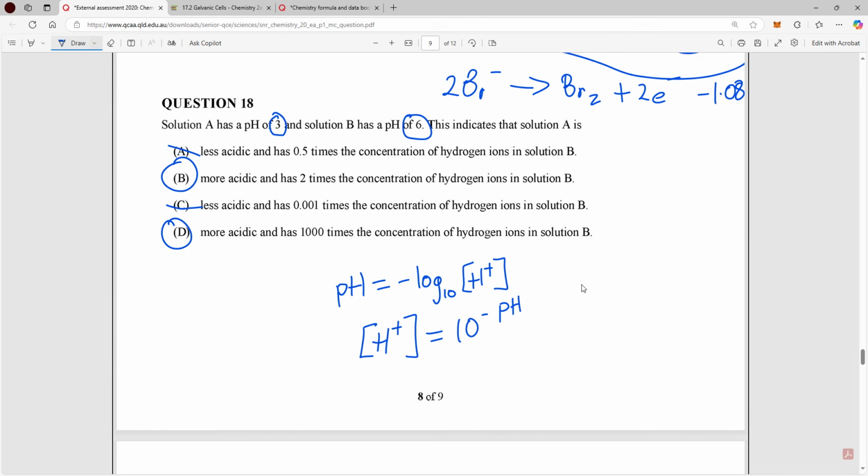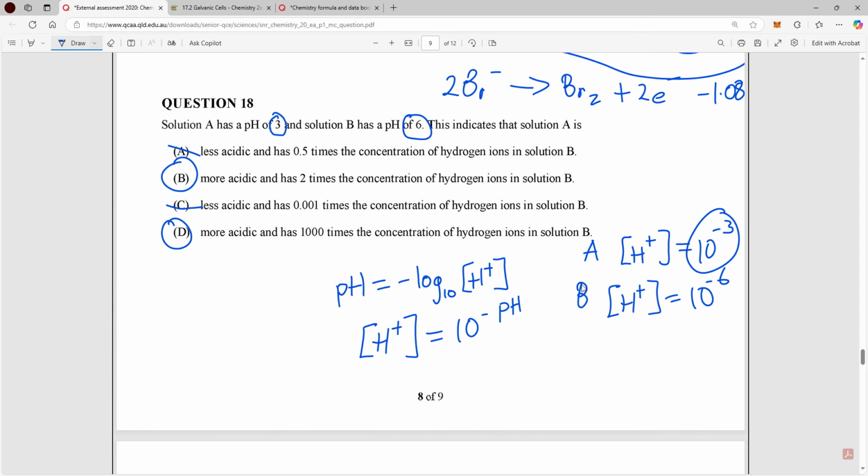So if we look at solution A, the hydrogen ion concentration will be 10 to the negative 3. If you look at solution B, the hydrogen ion concentration will be 10 to the negative 6. Now we can see, it's hard to tell, but this number is actually bigger than this one.